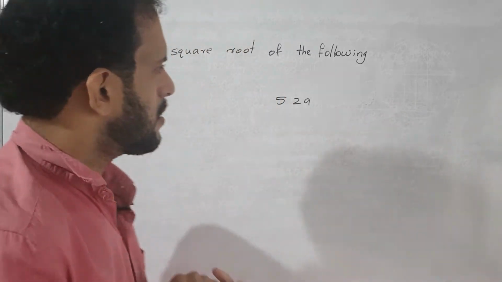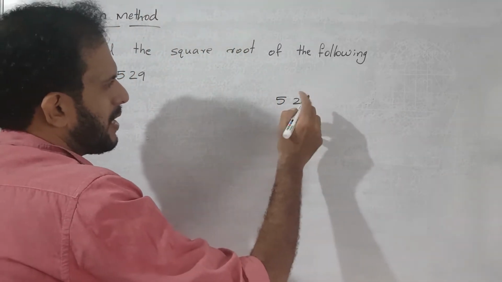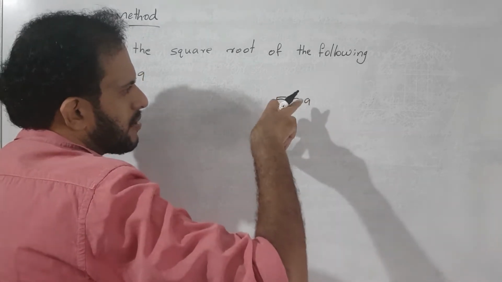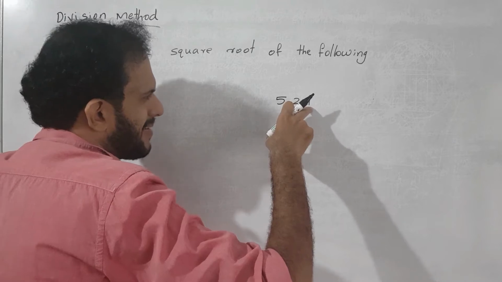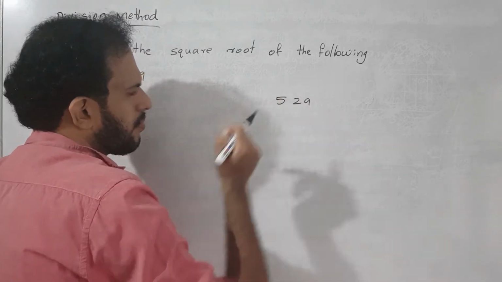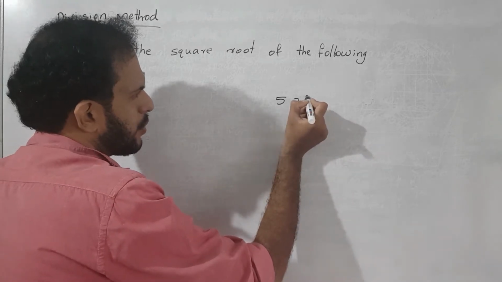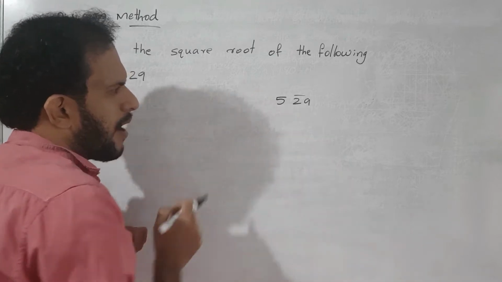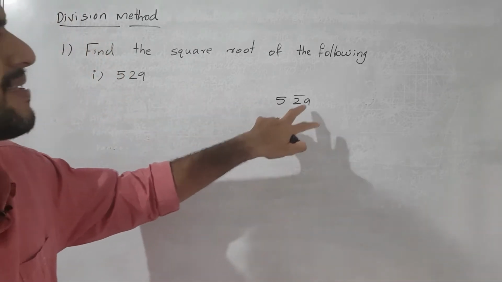That means we pair the digits of 529. From where do we start? We start from the ones place digit, that means from 9. Then we pair 9 and 2. There is no pair for 5 because the number of digits is odd.